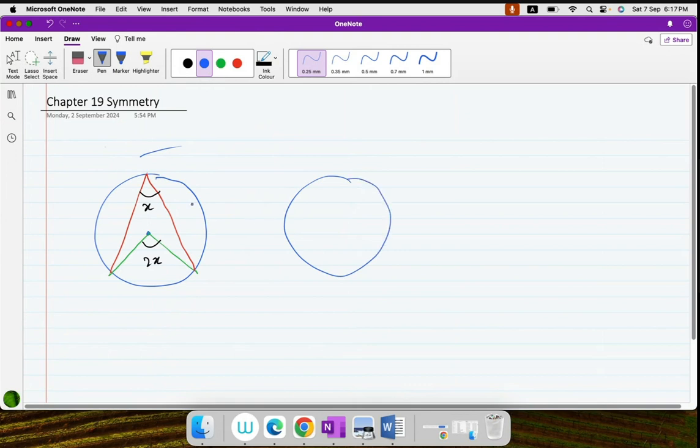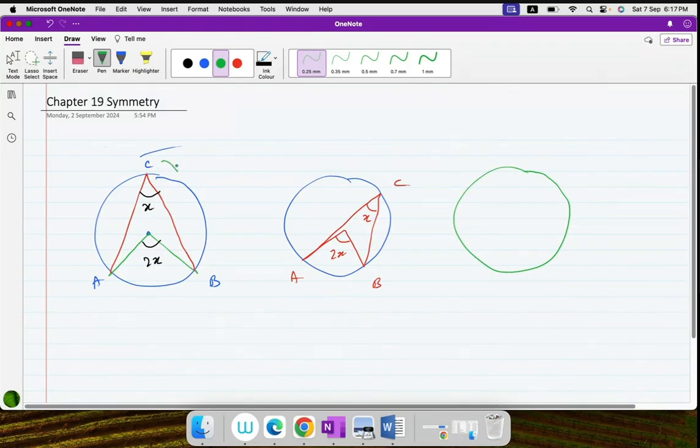For example, let me just name it A, B, C. I'm changing the position of point C, and it changes in such a way that it gets close to the radius. This is still 2x, this is still x. Clear? And the third position, now I'm bringing C even further down such that it exactly overlaps the radius.